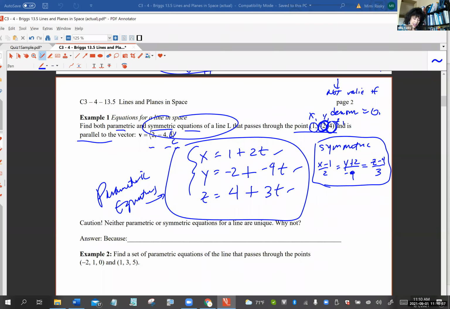Now, here's a weird factoid, and some students have to be careful about this because this is going to affect us throughout the rest of the semester, this key fact. And it's weird. When you get your parametric or symmetric equations, that answer may not be the only answer.